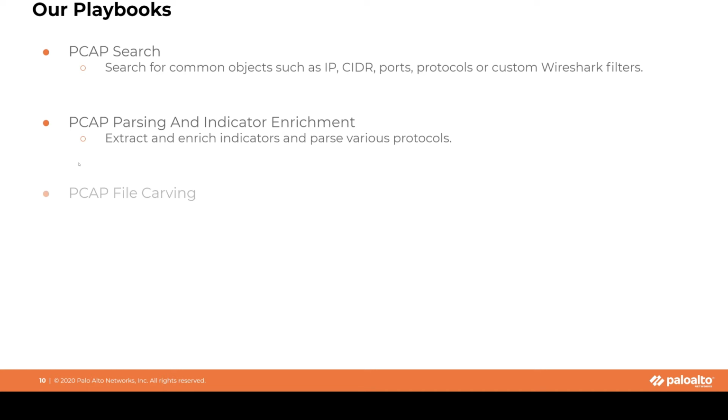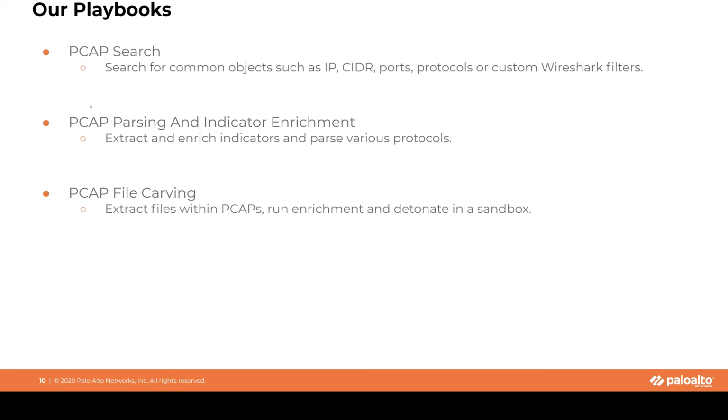And third one is pickup file carving, which allows us to extract the files themselves from the PCAP, such as HTTP files and SMB files. We're then able to run enrichment on those files and detonate them within a sandbox.